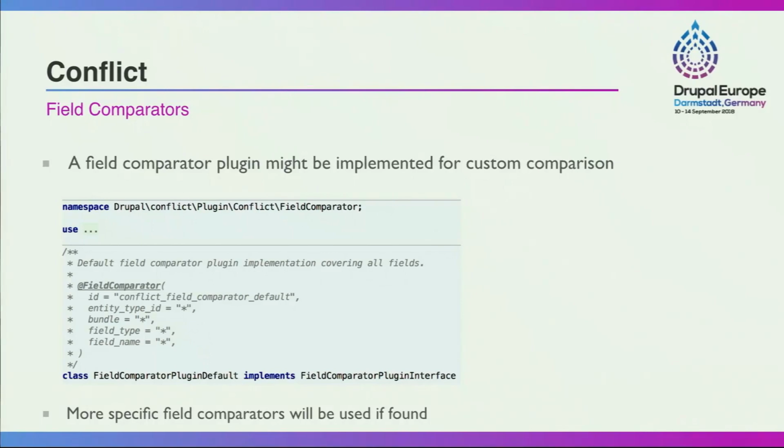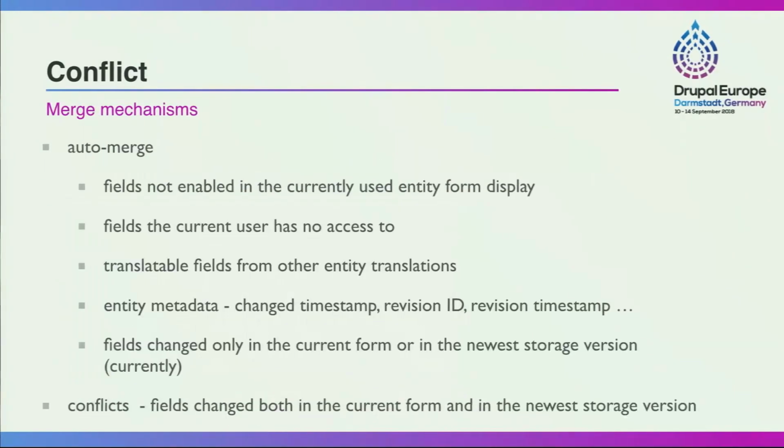And you can define a plugin for a field comparator, and you can limit it to a specific entity type ID, to a specific bundle of that entity type, to a specific field type only, or to a specific field name as well. But usually you will not need to do this. It should work just out of the box for most field types.